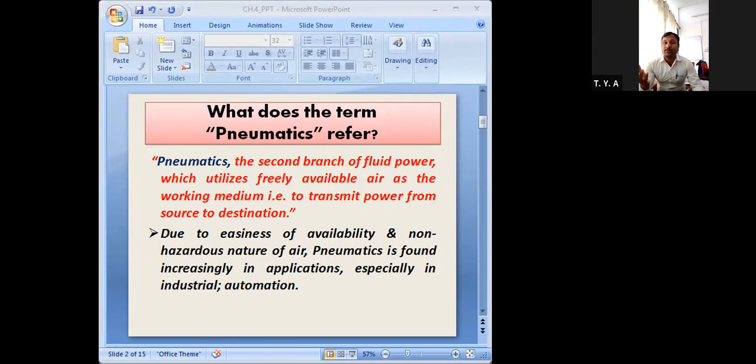Another aspect of using air is that it can be exhausted easily to the atmosphere after use. So those are some points that we should know about air.